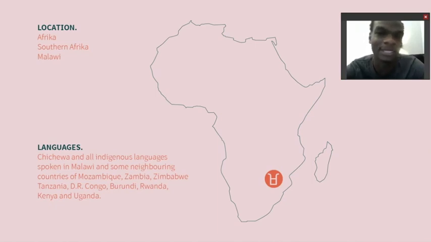Unfortunately, it can't write English, unless you transcribe it and divide it into syllables. It was actually meant for the languages of the Southern Bantu group, the languages that are spoken in Mozambique, Zambia, Malawi, Zimbabwe, Tanzania, DRC Congo, Burundi, Rwanda, Kenya, and Uganda.